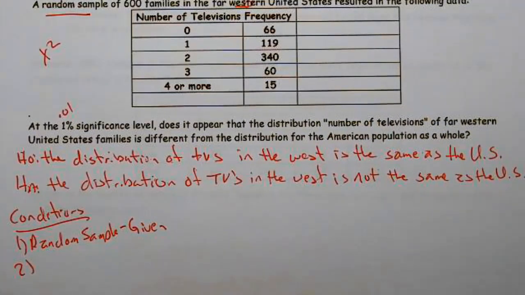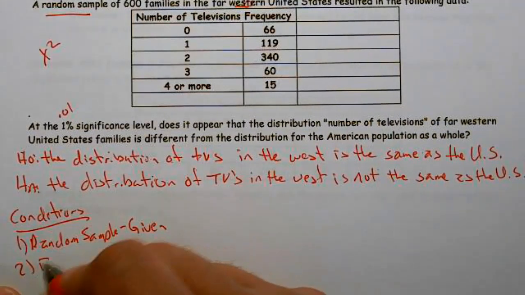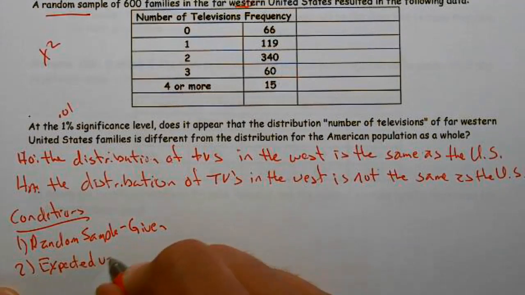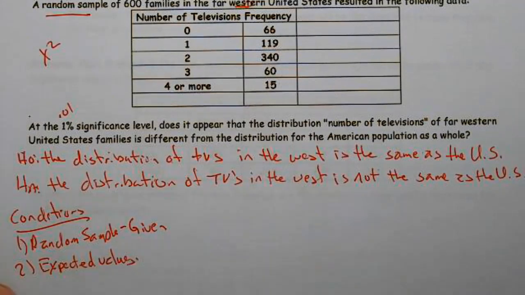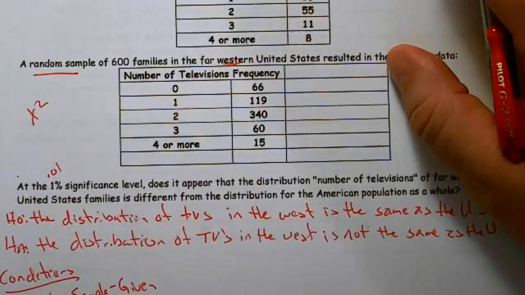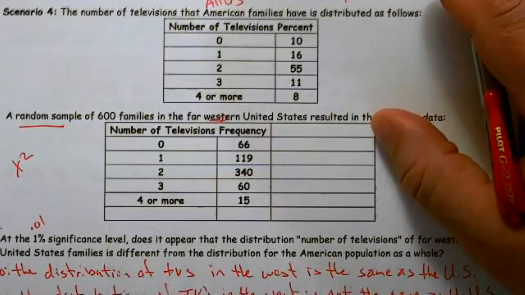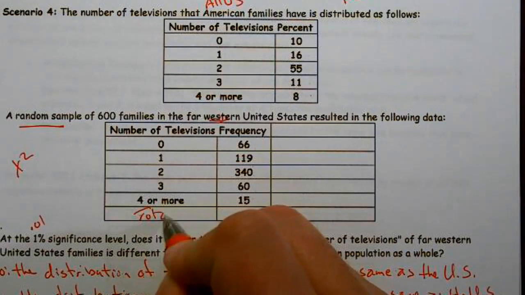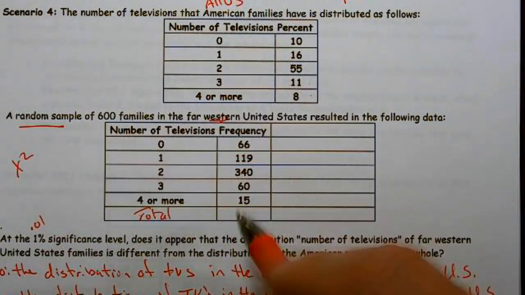Number 2, expected values. Well, we've got to go calculate those. When I'm looking up here, we have percentages. Well, the first thing we should always do is total this. When I add all these up, I get 600.